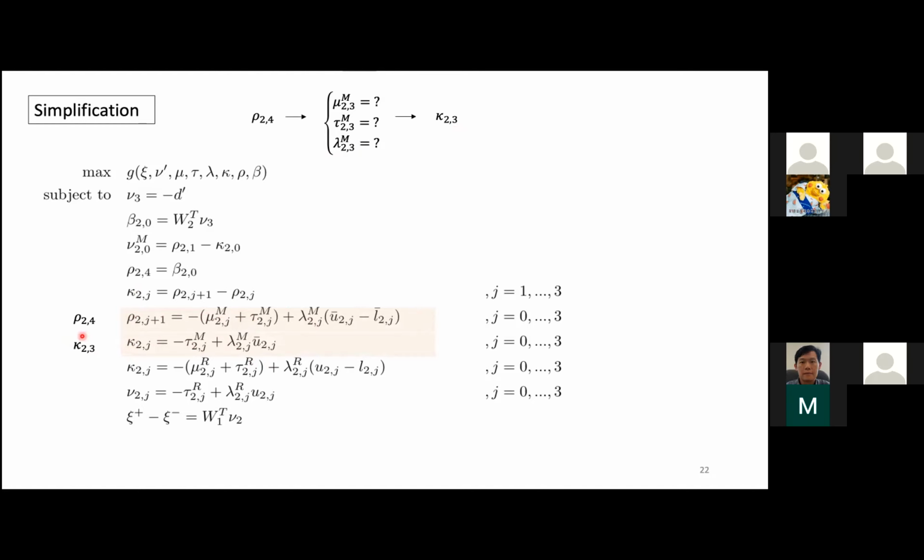And if we get a kappa, we can use this constraint to get a rho by subtraction. So we get a new rho here. And here we can see that a new rho is also related to the second constraint here. So maybe we can get a new mu n, tau n, lambda n here.